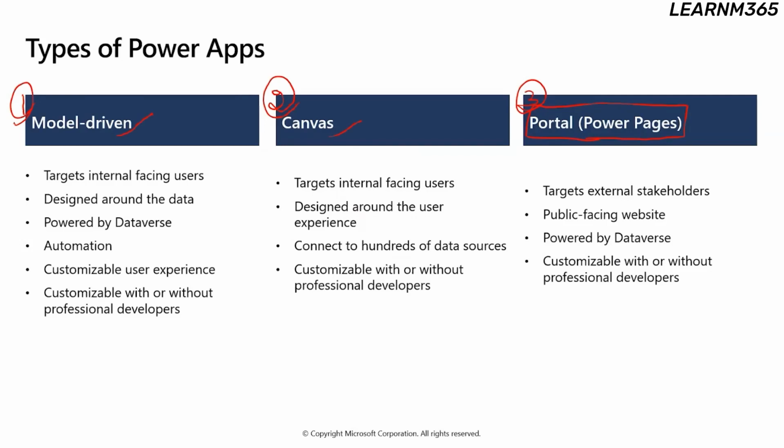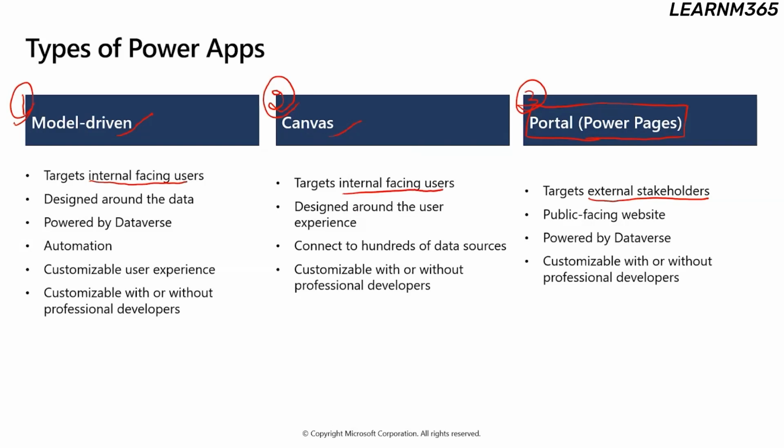Basically, if we are looking for an application which would help our internal users, then we can choose either model driven app or Canvas app to support our internal users. However, Power Pages targets external stakeholders. You can see here, model-driven application and Canvas applications are for internal facing users, right?